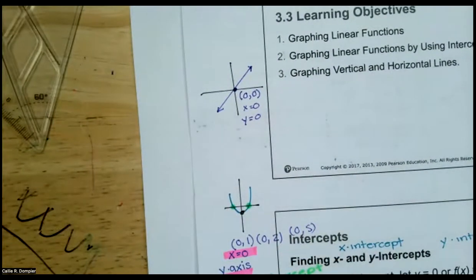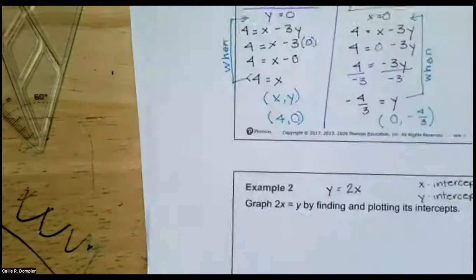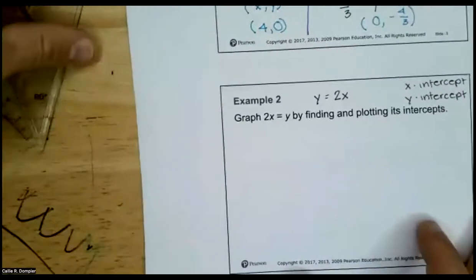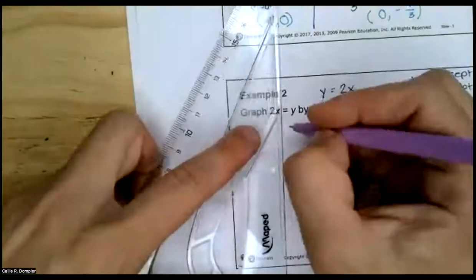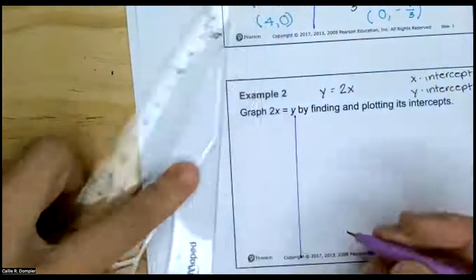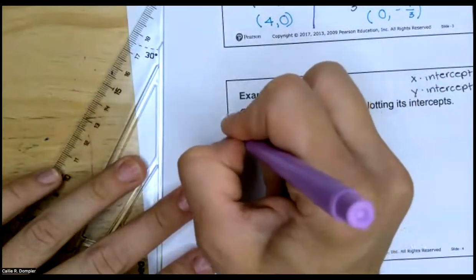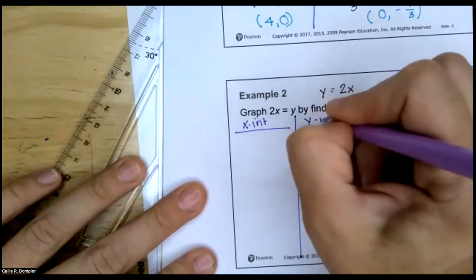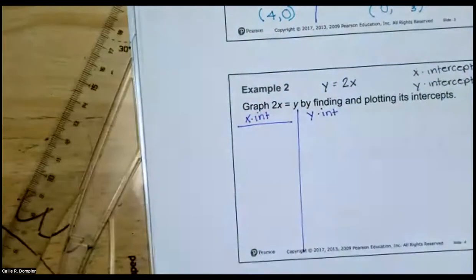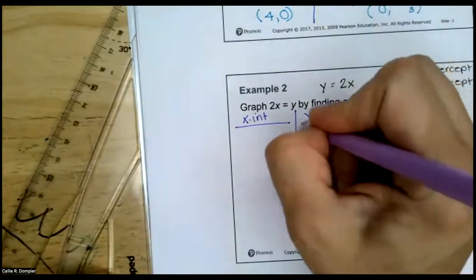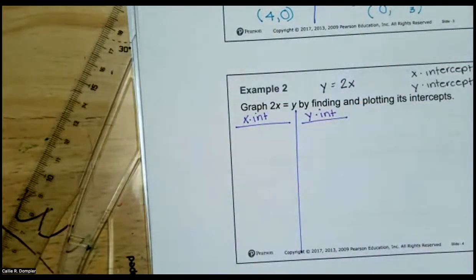Your x-intercept is where y is 0, and your y-intercept is where x is 0. So again, we're just going to find our x-intercept, and we're going to find our y-intercept of y equals 2x. It doesn't matter which one you start with. Whichever one looks easier, right?